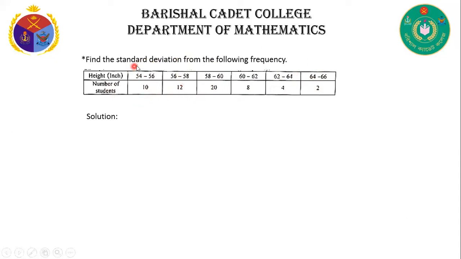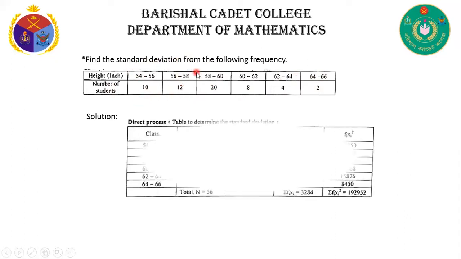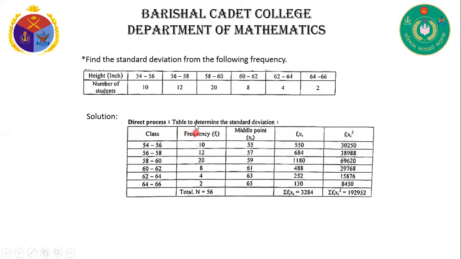Now let us find the standard deviation from the data. Now, a table for determining standard deviation. Here are the given classes 54 to 56, 56 to 58, 58 to 60, and in the same way up to 64 to 66.